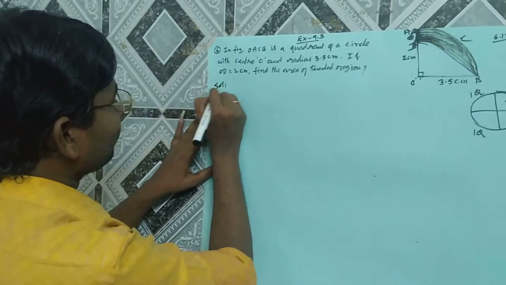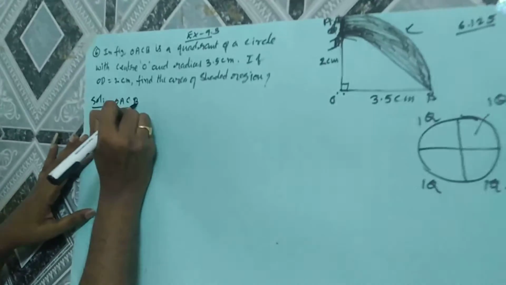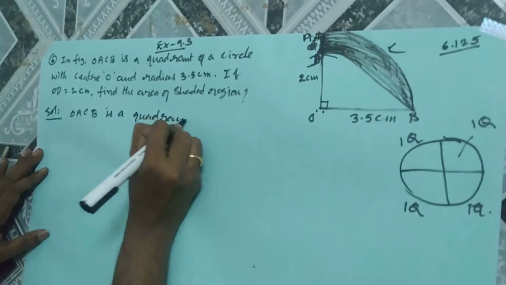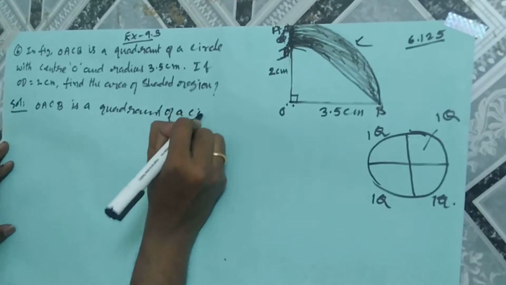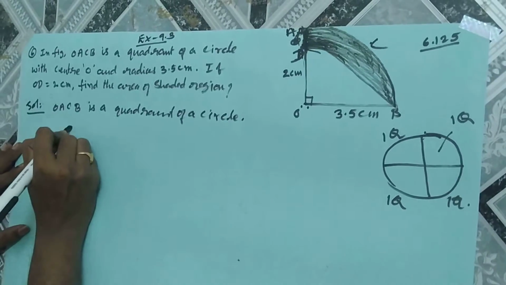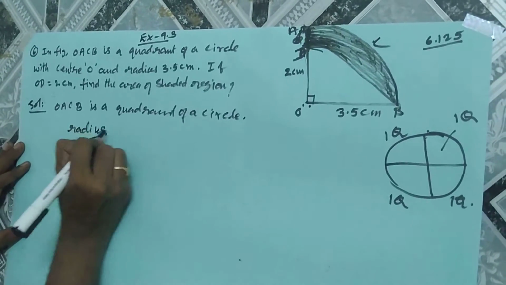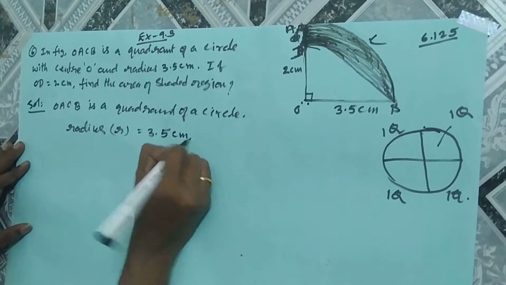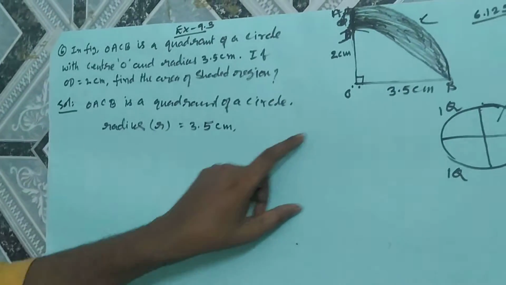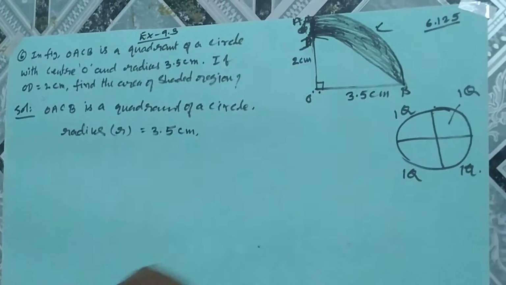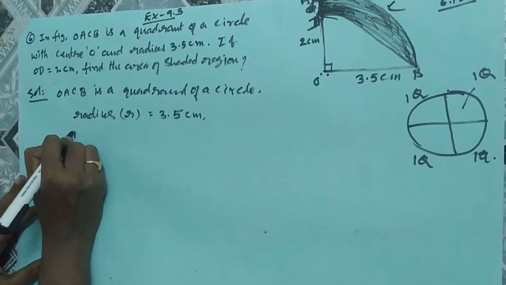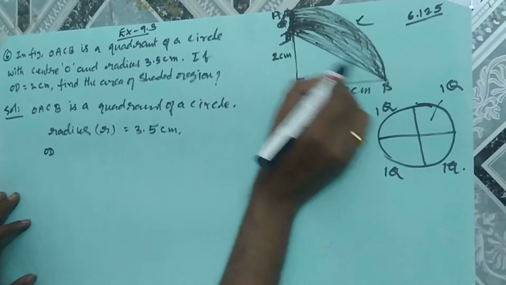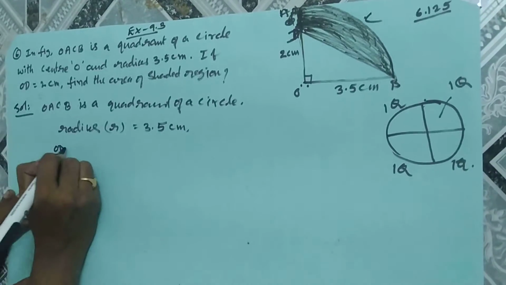Solution: OACB is a quadrant of a circle. The radius of the circle is given as 3.5 centimeters. OD length is given as 2 centimeters.